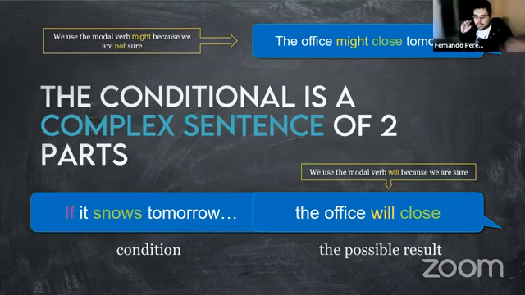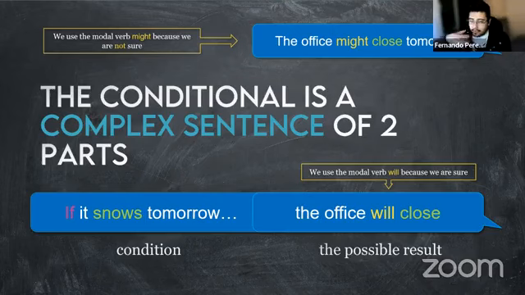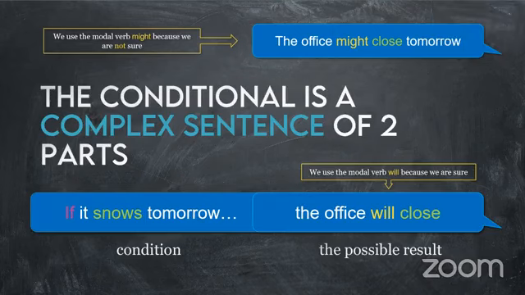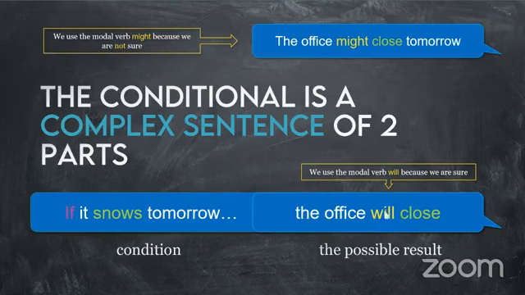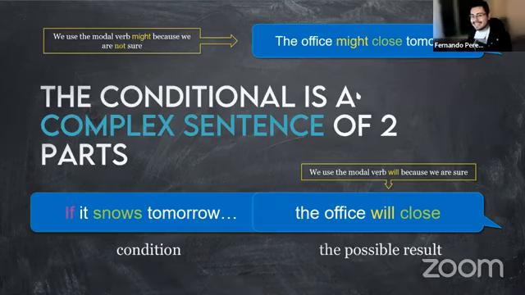I think that in this case, will is for prediction, and might is probability. Yes, precisely. But this prediction is stronger.